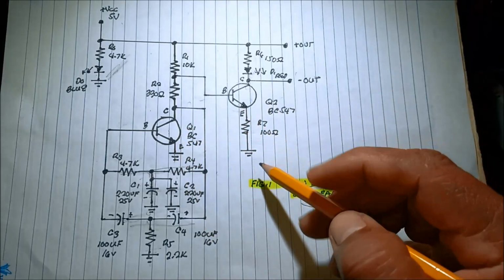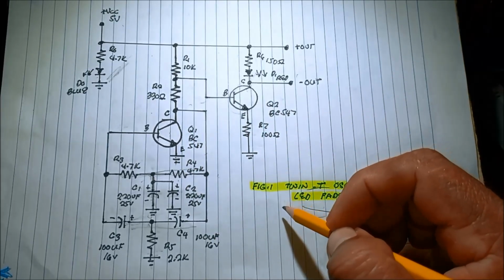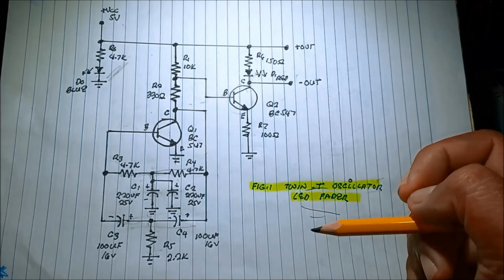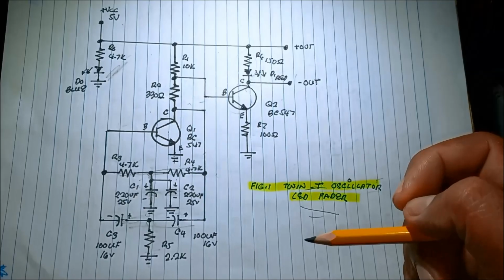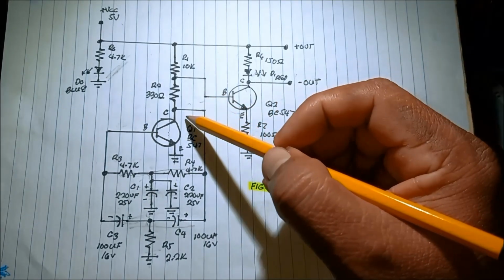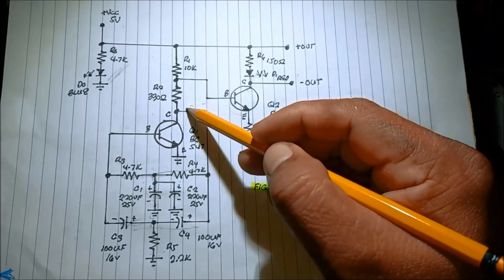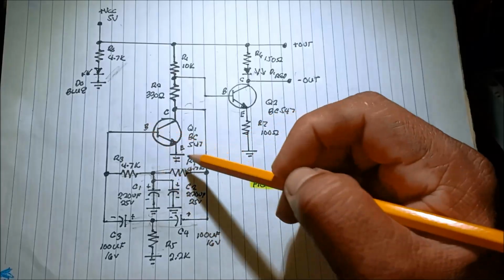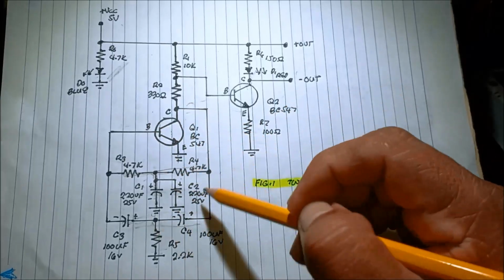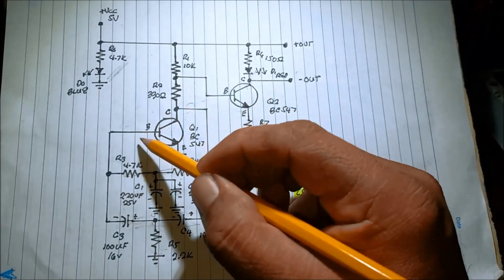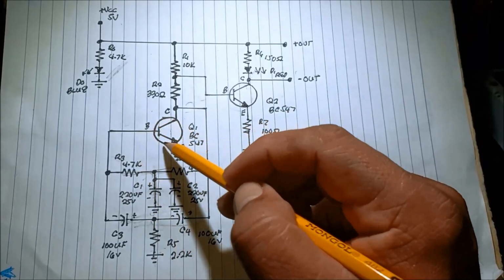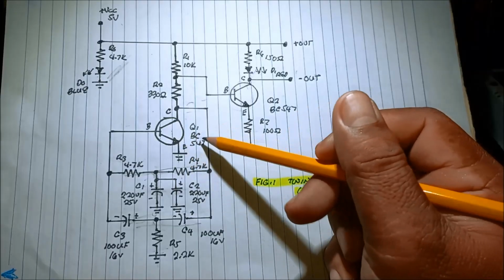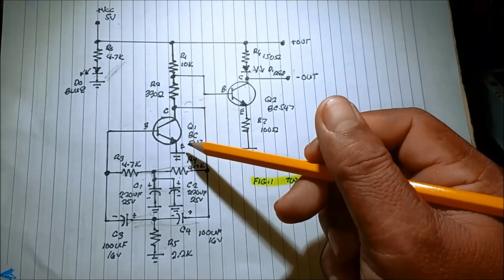And it is a 180 degrees phase shift angle. 180 degrees from the output, and then the other 180 degrees from the filter, and then another 180 degrees from the amplifier transistor itself, which is the 547 transistor.